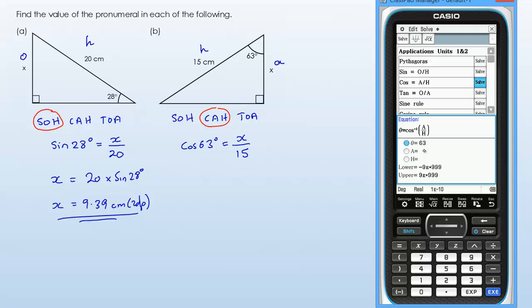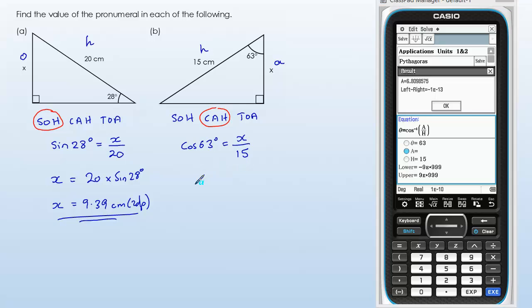And we know that the hypotenuse was 15. And we're trying to find the length of the adjacent. And then click solve, and we get 6.81. So x is equal to 6.81. Again, it's centimeters, correct to 2 decimal places.